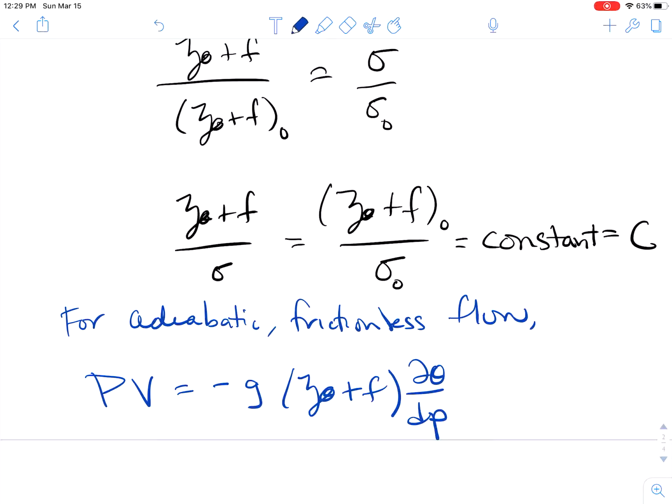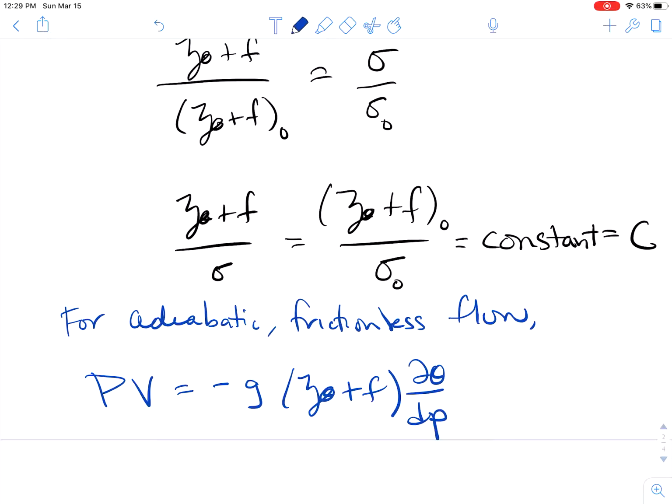And this will be constant, meaning that it does not change provided that we remain adiabatic and frictionless. This would be a conserved quantity.